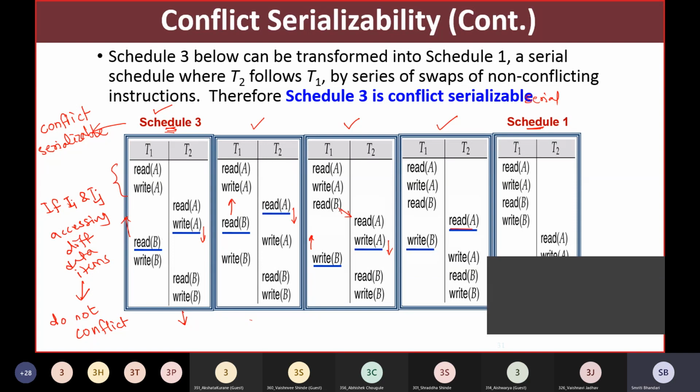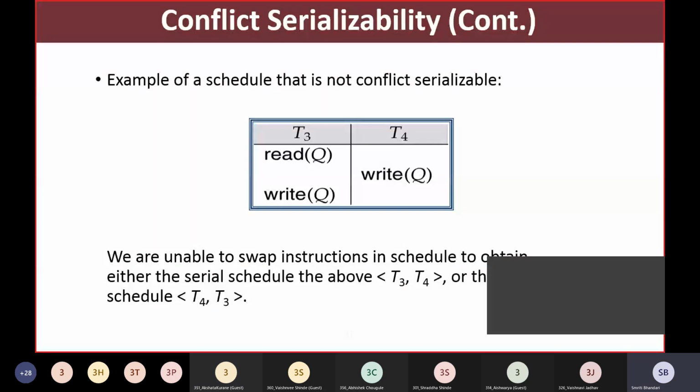And that is why such kind of conflict serializable schedule can be accepted by our system. So this is allowed. Right? So I hope you must have understood now. Any doubt?